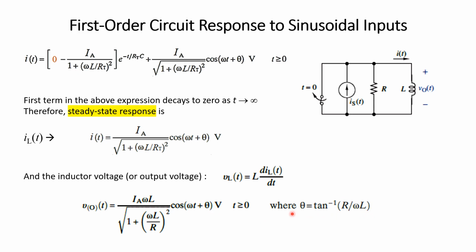So this may be a teaser for you. You may feel it uneasy over here. Yes, I know that, but I will advise you first to differentiate this. It will be a sine function multiplied by L, with a negative sign, and then after a little struggle, you will find this as the output voltage, because we want to express it as a cosine function. There is no harm in leaving it as such.